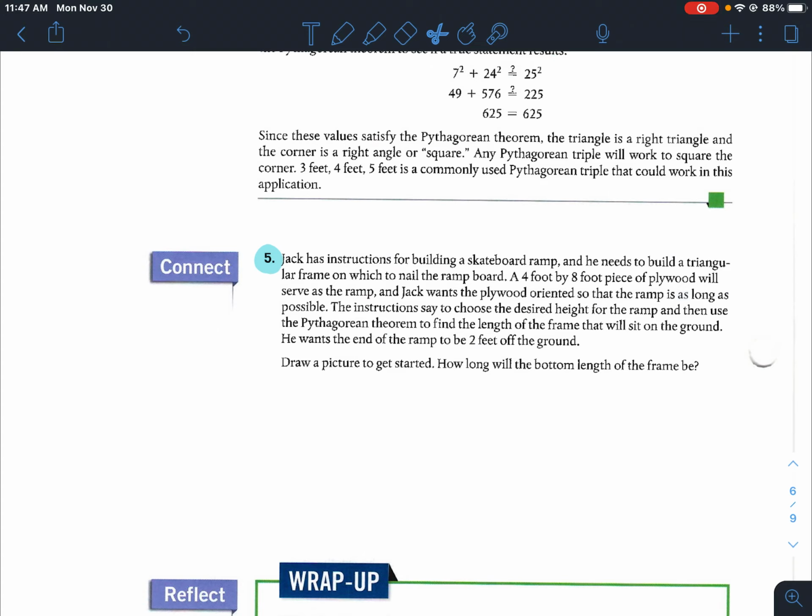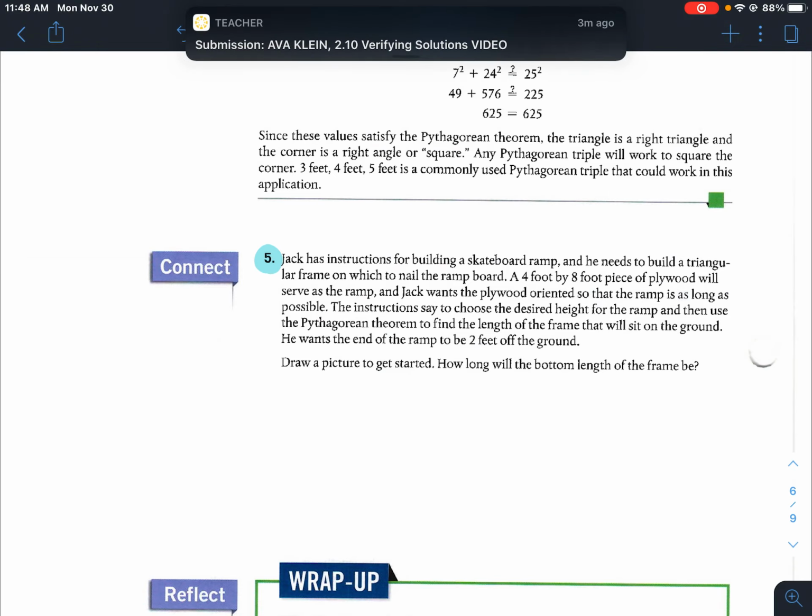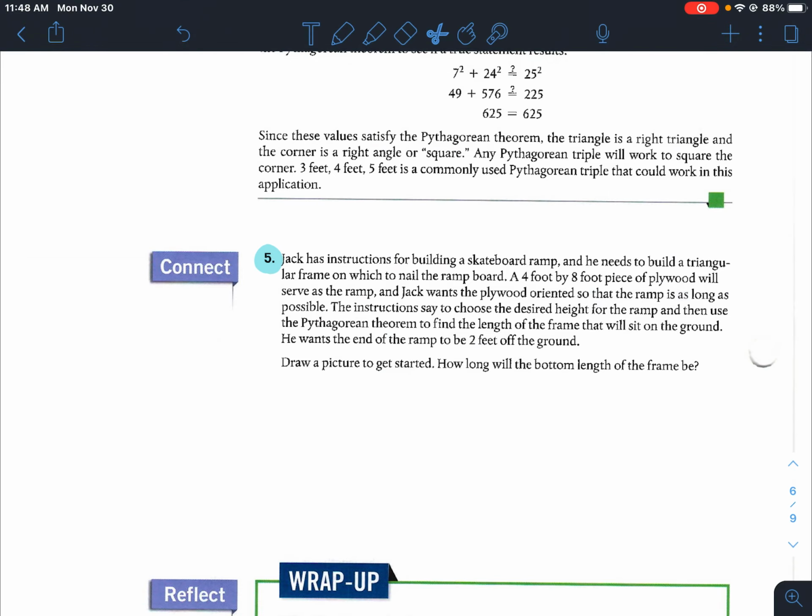The instructions say to choose the desired height for the ramp, and then use the Pythagorean theorem to find the length of the frame that will sit on the ground. He wants the end of the ramp to be 2 feet off the ground. So draw a picture to get started.